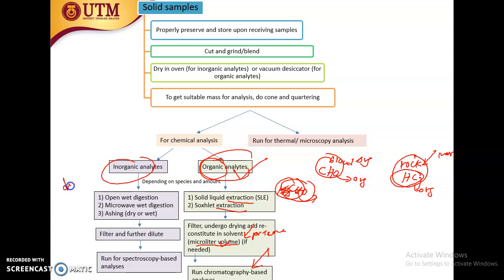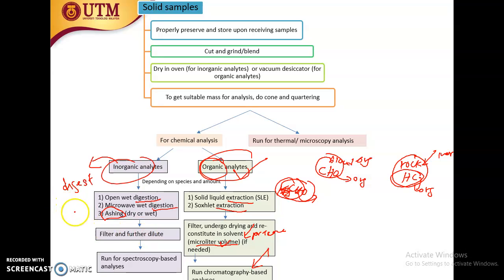The keyword is digest. You want to digest out the inorganic analyte out of the organic sample. So it will involve a lot of digestion, open wet digestion, microwave wet digestion, and so on. Etching is also one of them.